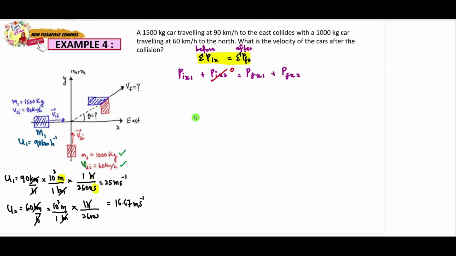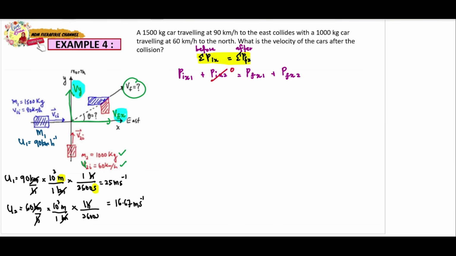So kosong terus. Boleh? Okay. So, based on this diagram, okay, saya boleh resolvekan dulu V final into X and Y component. So, this is V final X and this is VY. Okay? Okay, so kita highlight sikit VY and this is V final X.